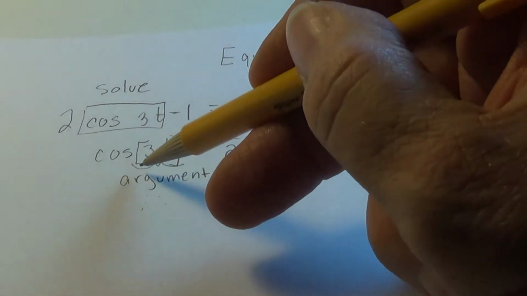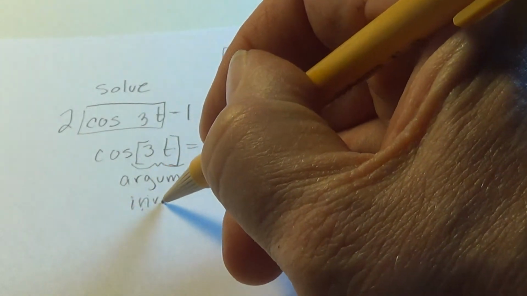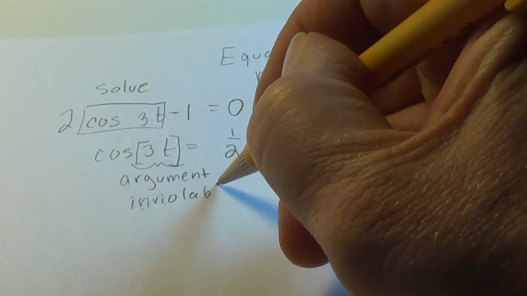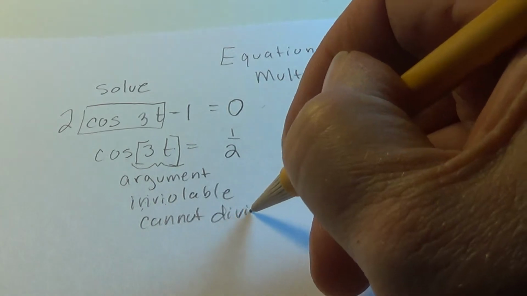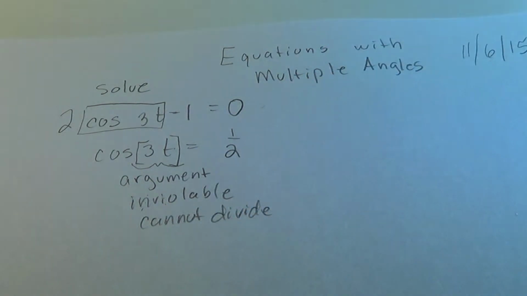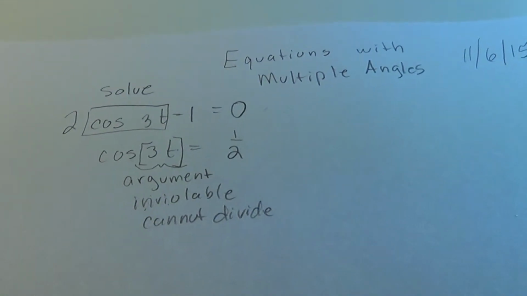So when it's in the argument, it's like a marriage. It's inviolable. Inviolable because I cannot divide it. So hopefully a marriage is like that in the ideal setting. So argument inviolable, cannot divide.